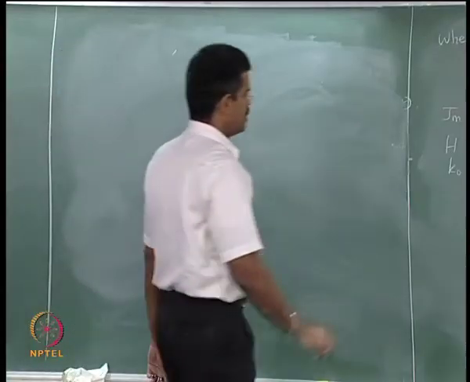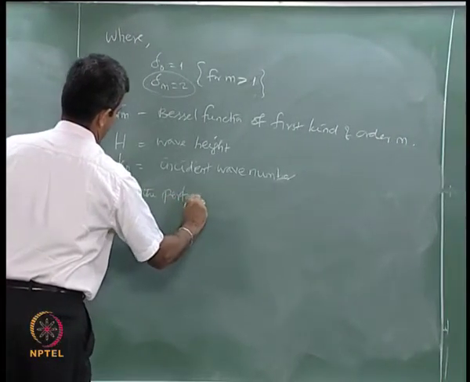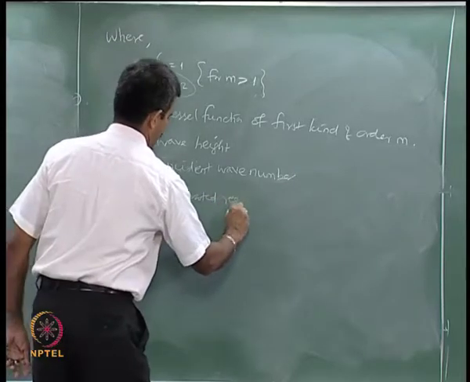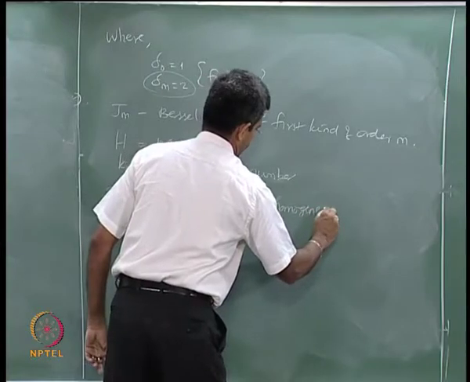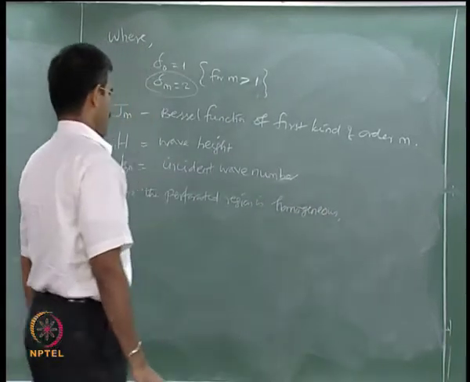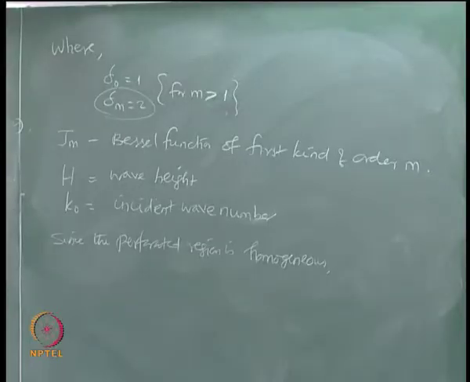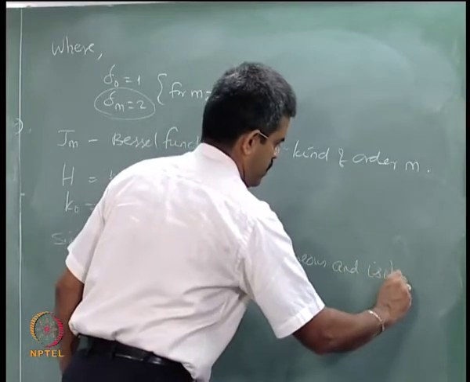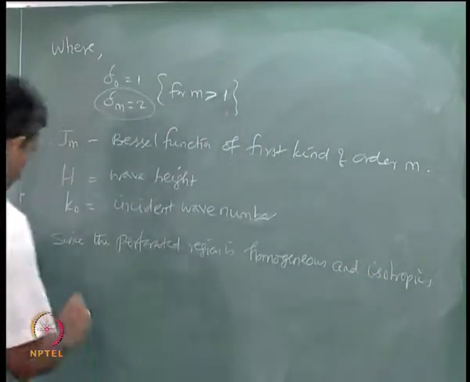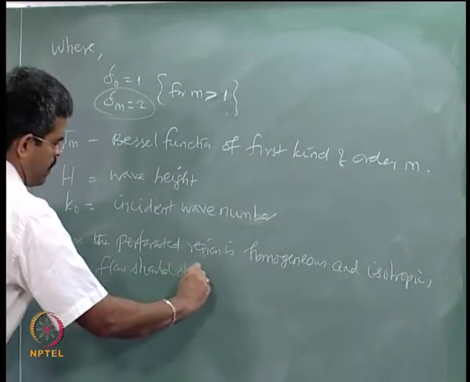Now, in our example, since the perforated region is homogeneous, let us say, and isotropic, the flow should obey Darcy's law.